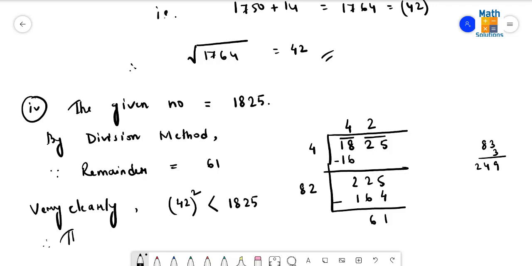Therefore the next perfect square is 43 square.